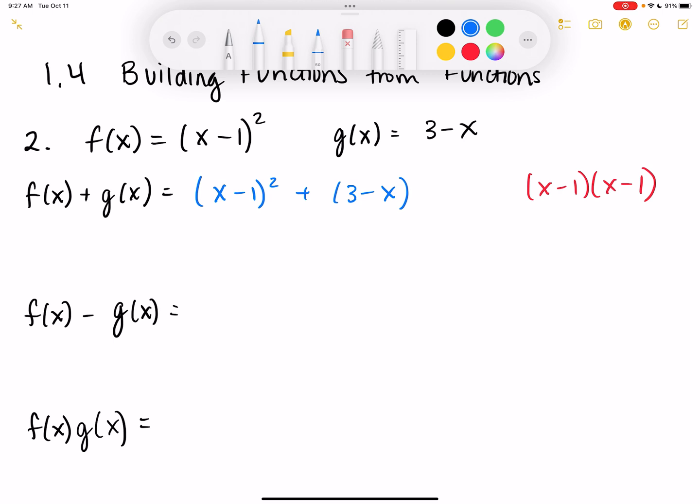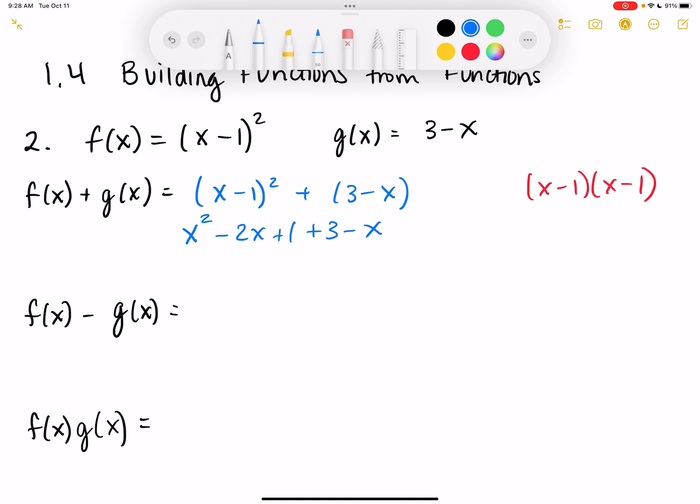You're missing the middle term. No, we got it. We just had to FOIL.